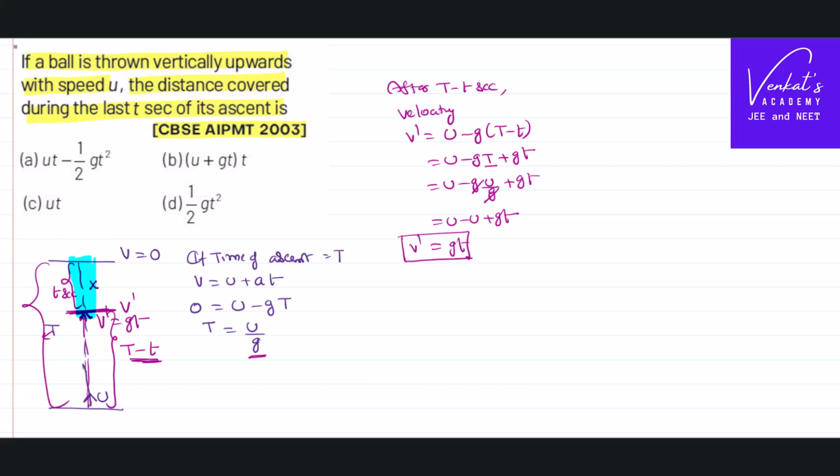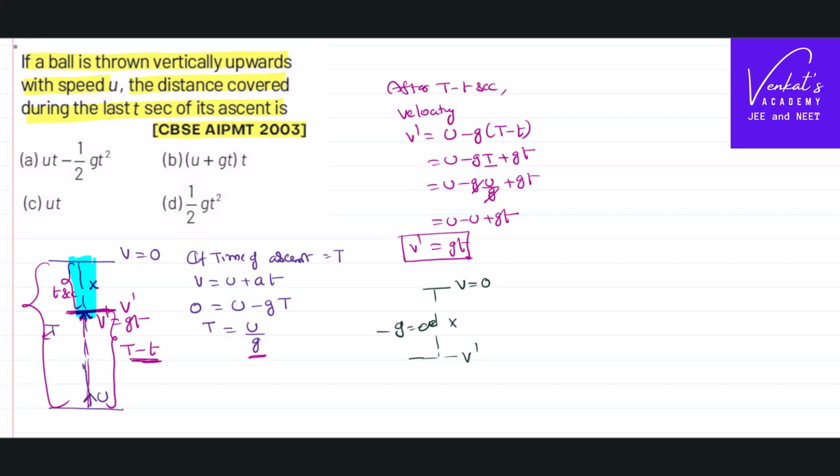So between that small part, if I draw only that part of the diagram, it has acquired a velocity v dash here. It covers a distance x, where its final velocity becomes 0. As it is going against gravity, acceleration equal to minus g.